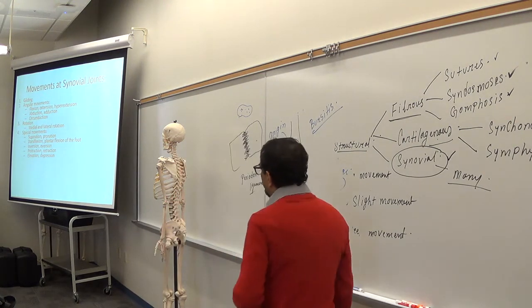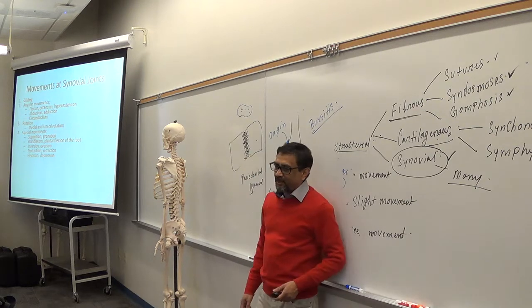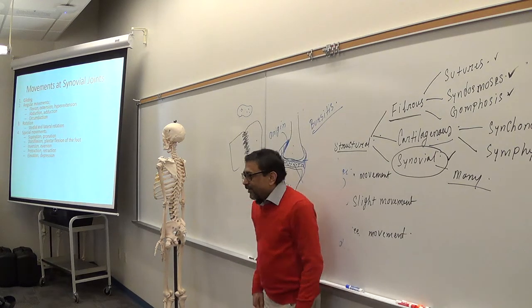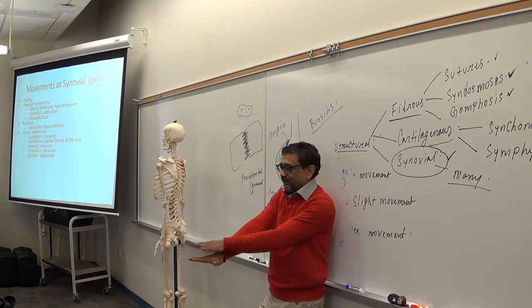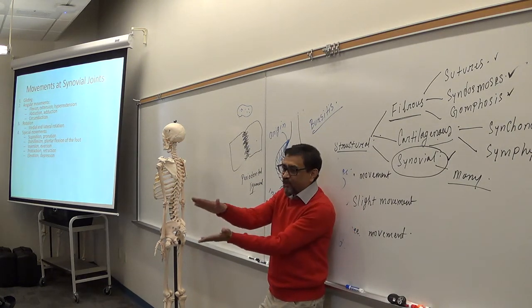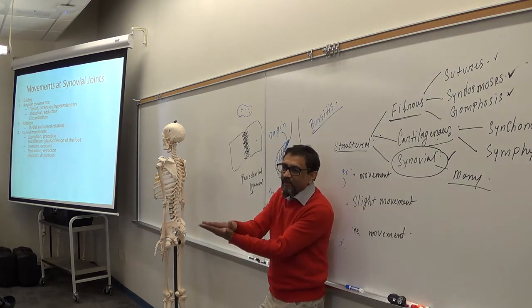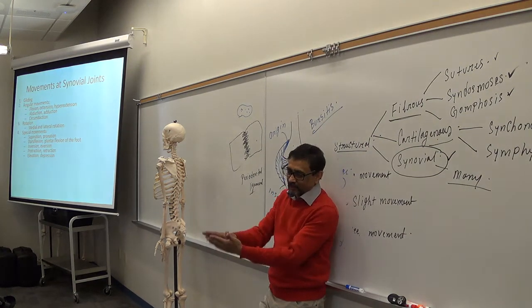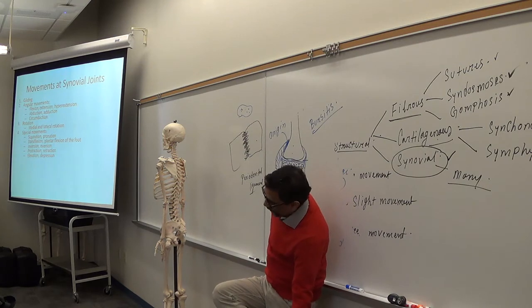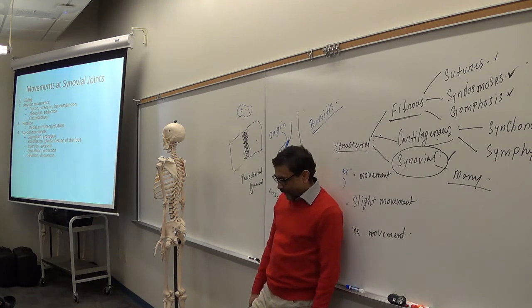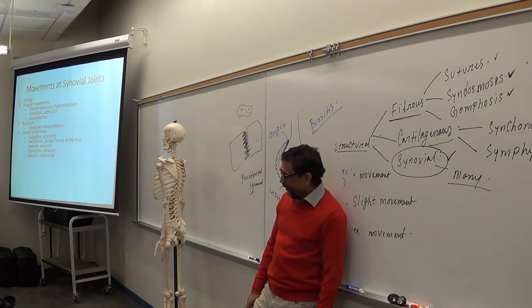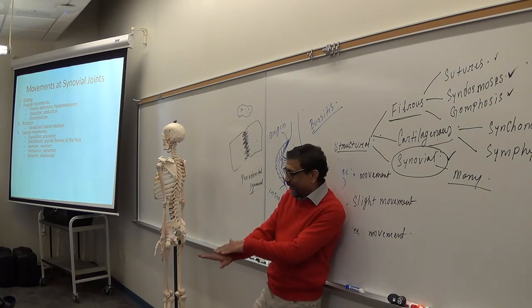Okay. Dorsiflexion, plantar flexion of foot. If this is your foot, this surface is called dorsal surface and sole is called what? Plantar surface. Make sense? So this is the dorsal surface, sole is the plantar surface. Now if I move my foot this way, that is dorsiflexion, because this is dorsal surface, right?